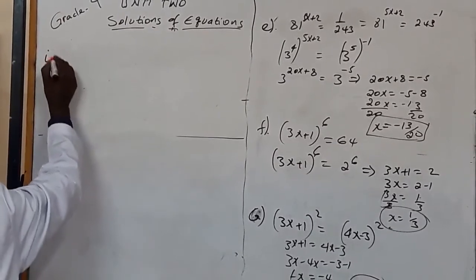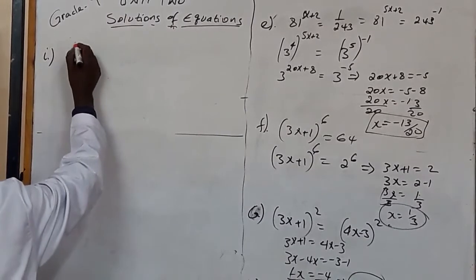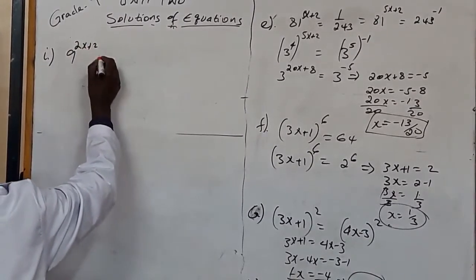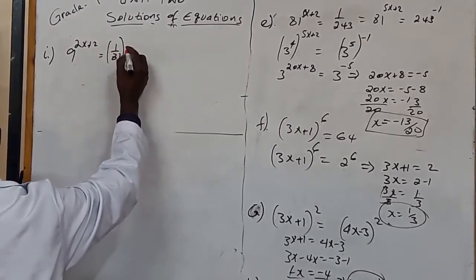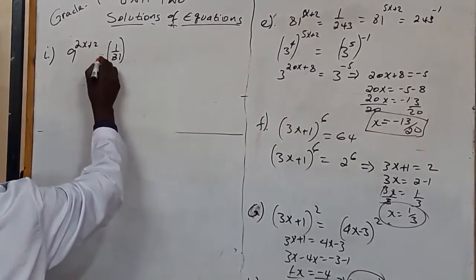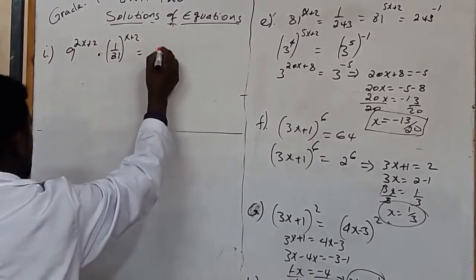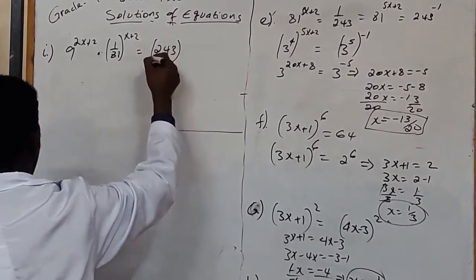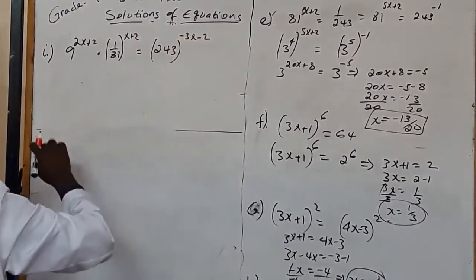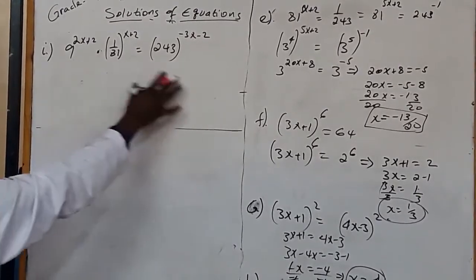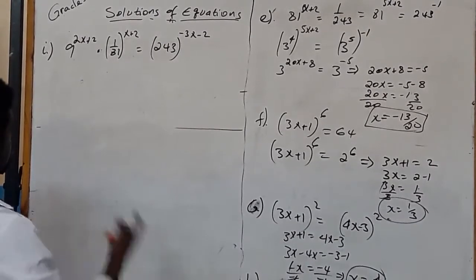Let's say, in order to make it very simple here, 9 to the power of 2x plus 2 times 3 to the power of x plus 2 is equal to 243 to the power of negative 3x minus 2. This is an exercise from your textbook, but let me solve it. Sometimes some students find it difficult, but it's very simple.